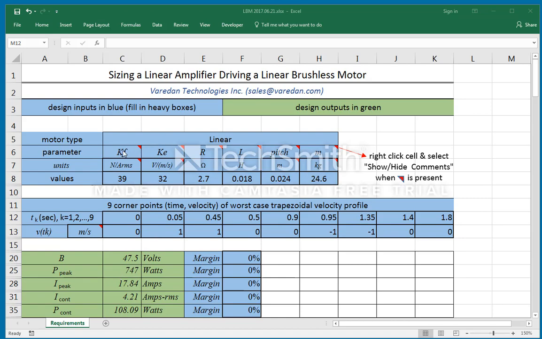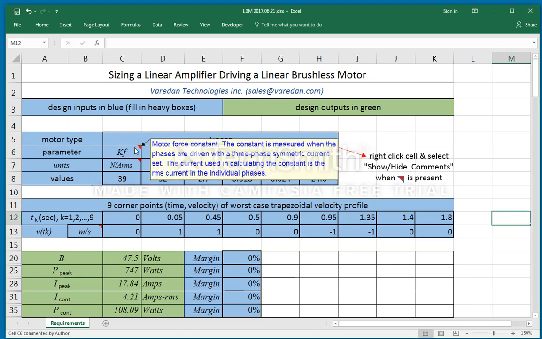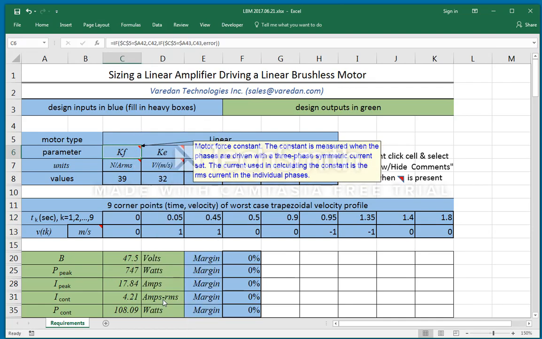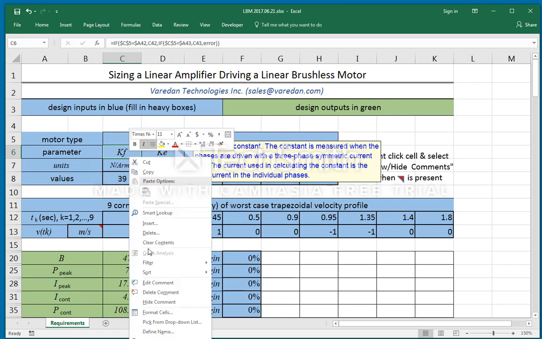These are the force constant, the back EMF constant, the phase-to-phase resistance, phase-to-phase inductance, the pitch, and the total moving mass. The red flags indicate comments, and we can understand a little bit more about the cell by opening those up, and then we can go back and hide the comments.